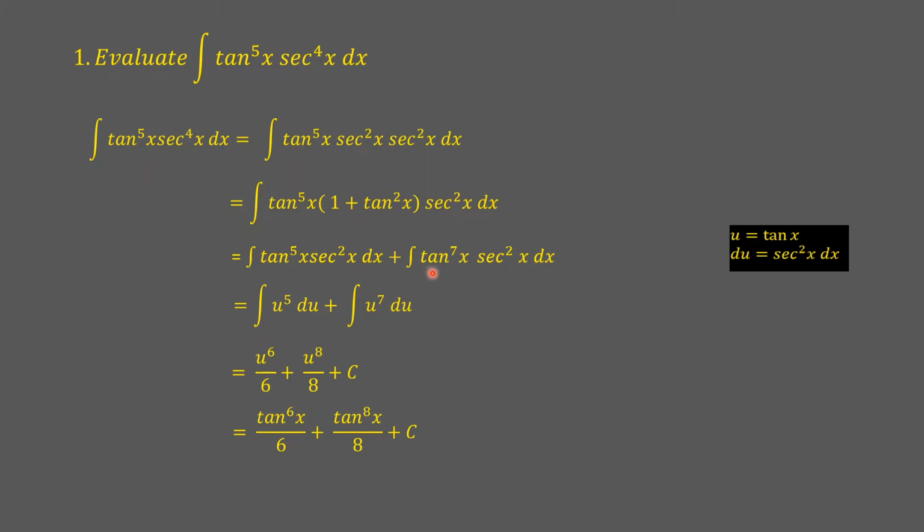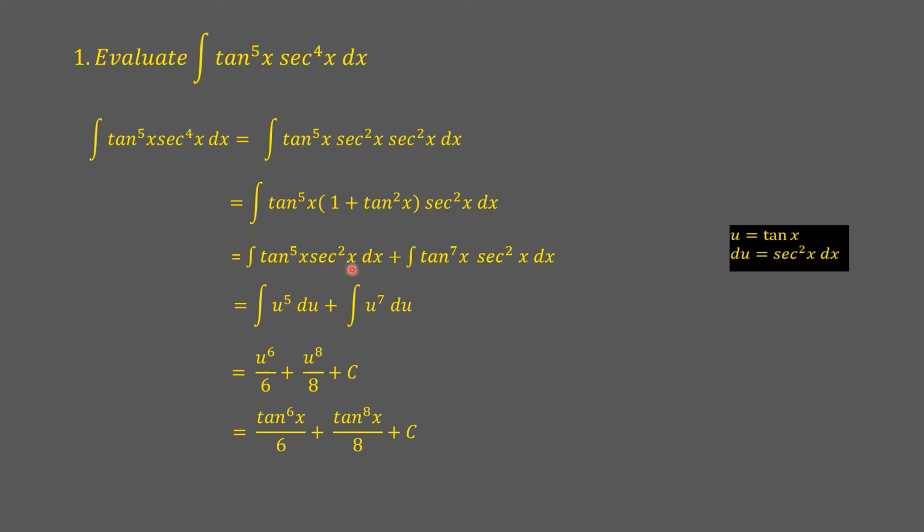Now at this point, let us have the substitution u to replace tangent of x and the differential du equal to secant squared x dx. Hence, this integral now in terms of u would be given by the integral of u to the fifth. This is your tangent to the fifth x factor.